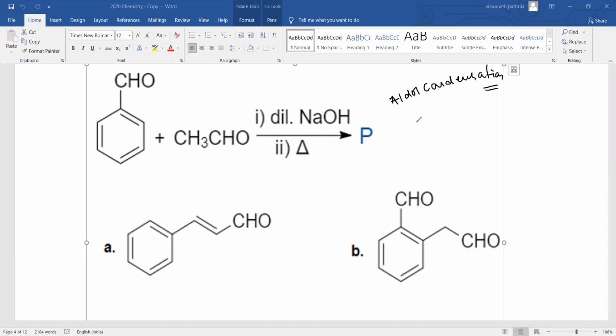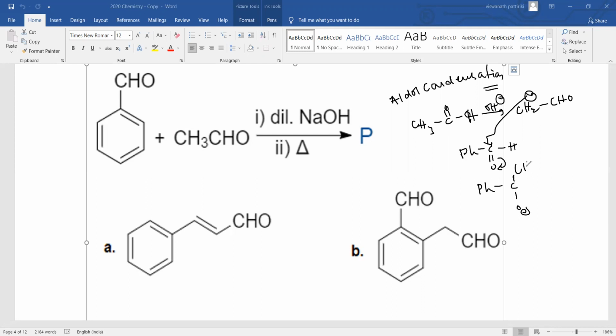CH3CHO in the presence of base will give CH2 minus CHO, and we have benzaldehyde like this. Migration of electrons, and this will be added here. So you will get PhCH(O minus)CH2CHO.